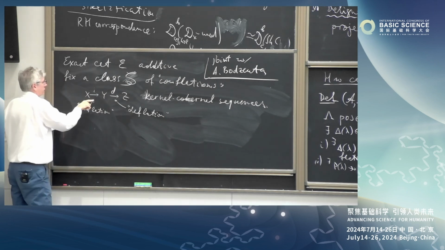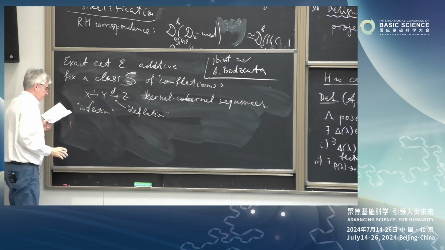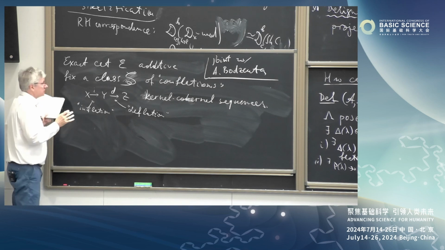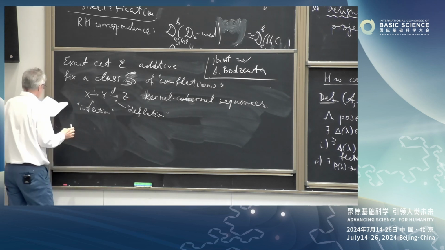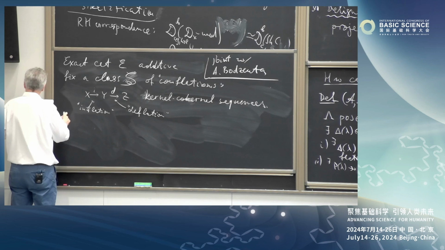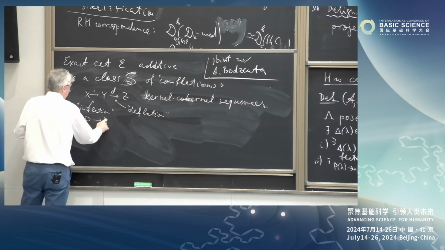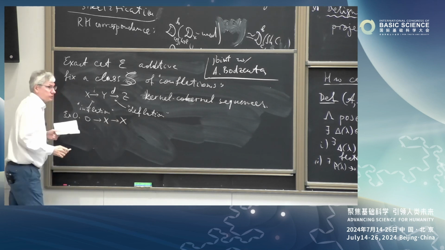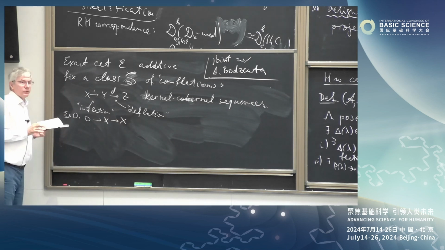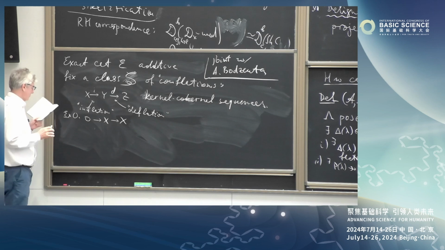I is the kernel of D, and D is the cokernel of I. So we fix some class of kernel-cokernel sequences, and they should satisfy several axioms. One looks like a very formal thing, but I believe that in 21st century mathematics it will take a very important role.